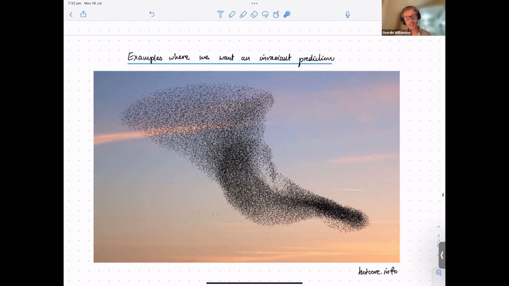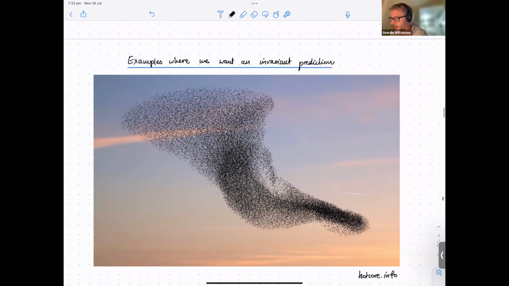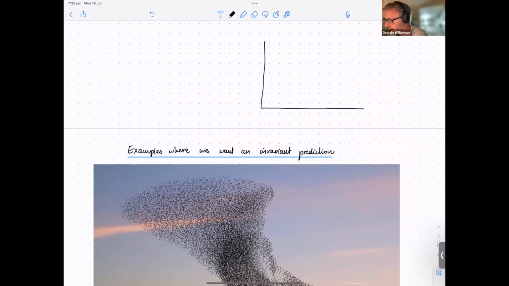Another example might be that you have some population, and you consider their age and income. Let's say this is age 20 and this is age 50. Maybe you expect that income increases and then perhaps decreases, so this might be a rough plot.